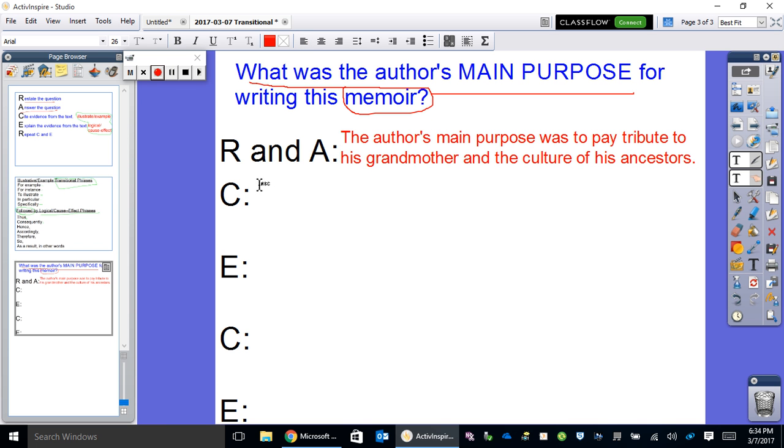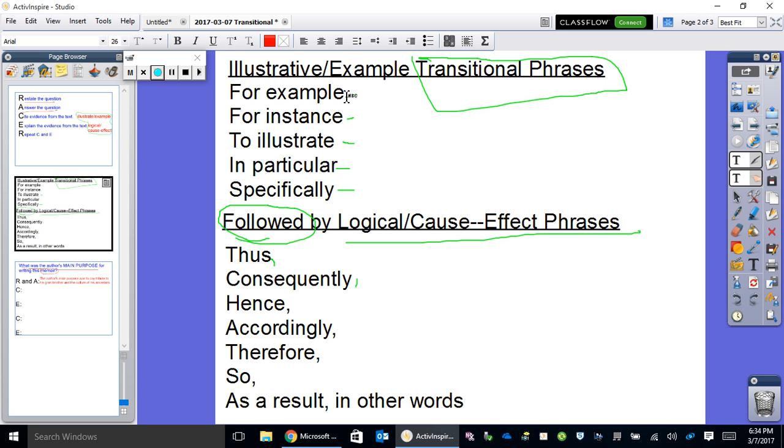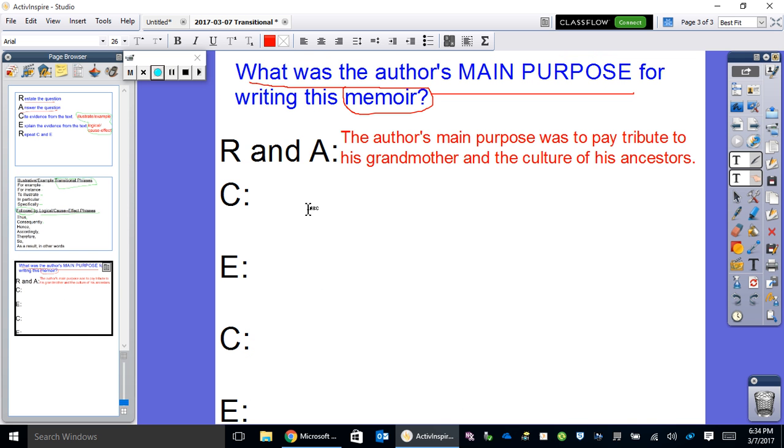But now, here's the problem: what is our evidence to do this? Well, going into our handy-dandy illustrative transitional phrases list, it can't hurt to start the next sentence with those words, for example, comma, and then what we would actually do is to summarize or give direct evidence from the text to support it.